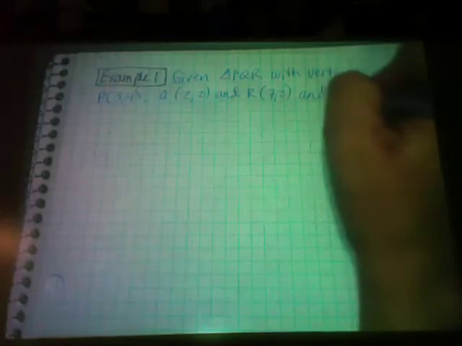And triangle STU with vertices S, which is 6, negative 3, T, 4, negative 2, and U, 4, negative 7.